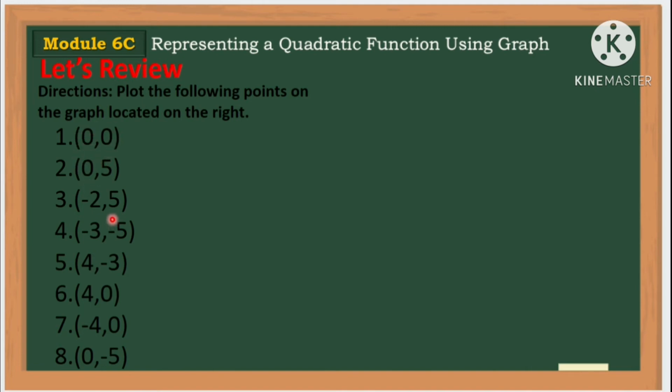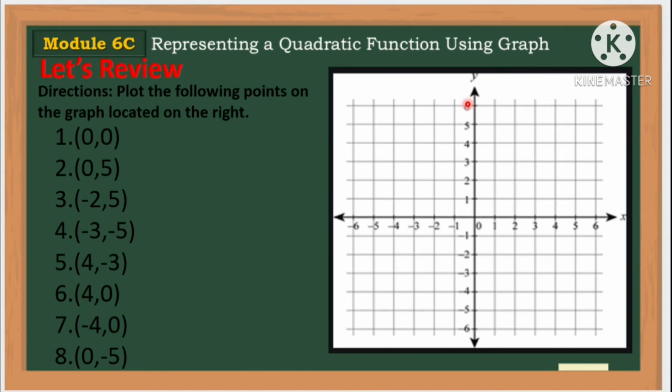Okay, so we have there the rectangular coordinate system. This is the x-axis. This is the y-axis. This is the origin. The first quadrant. So, ang sign ng ordered pair here, pag nandito sa area dito, both positive. Ito ay second quadrant. This is the negative x and the positive y.